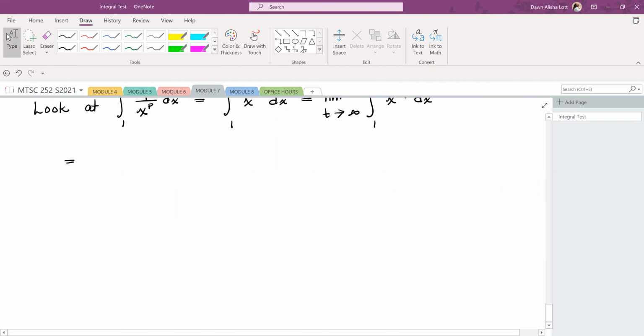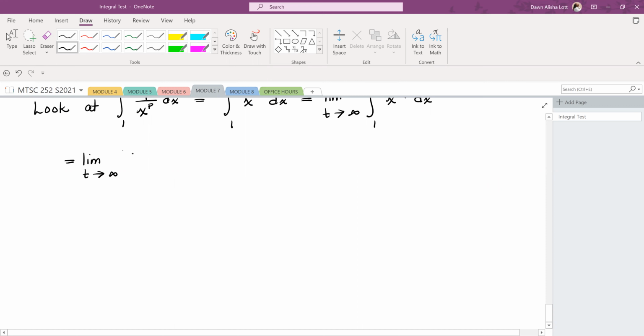So that is the integral. Sorry, it's the limit as t goes to infinity of the, and then we're going to integrate that.